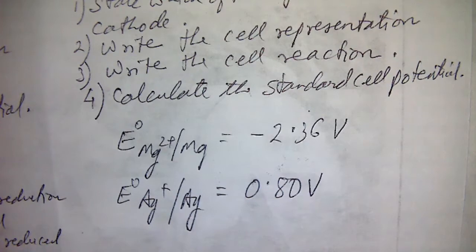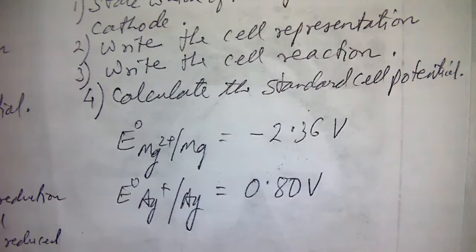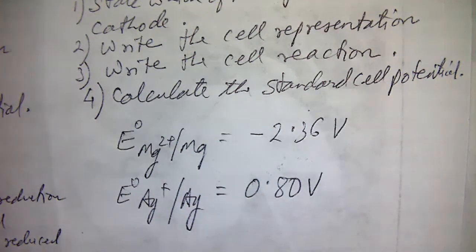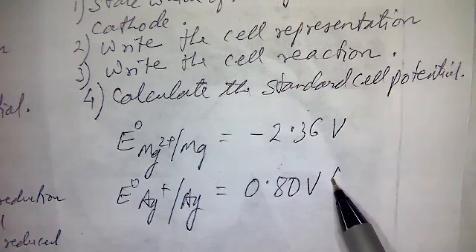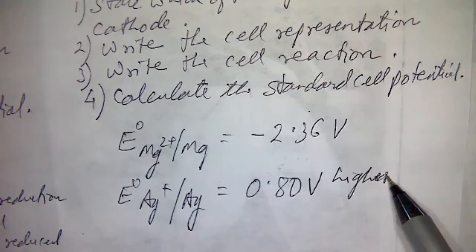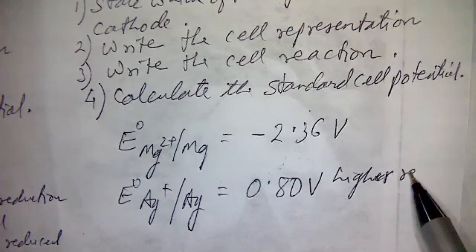Sir, I think magnesium. Which is higher? It is silver. You can see there. Sinjoy has written correctly only. It is silver, isn't it? Silver is positive and this is negative. Positive one is always higher. So this has higher reduction potential.